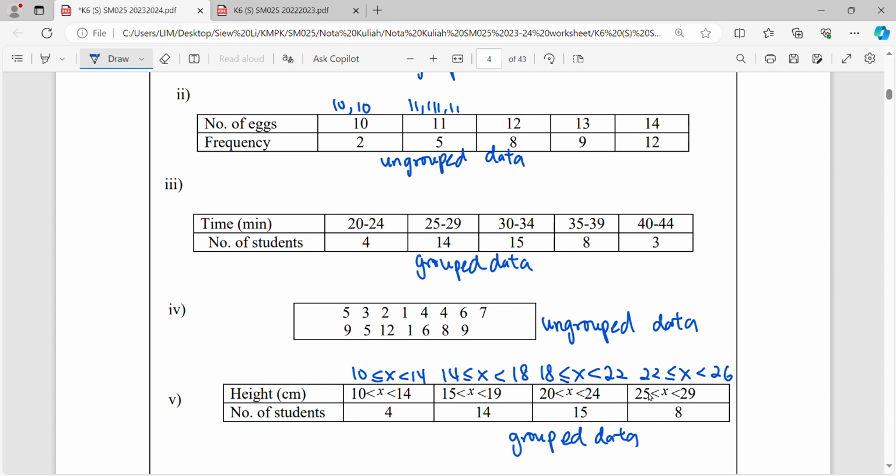Alright, so what can you analyze with this grouped data? This grouped data skips from 24 to 25. Right? Then I want to ask you, if we have the data 24.5, where should the data be put?